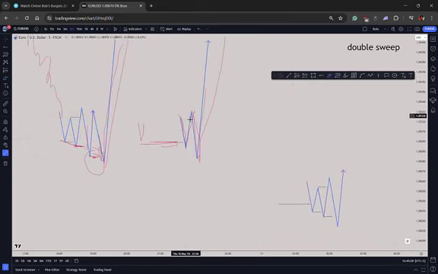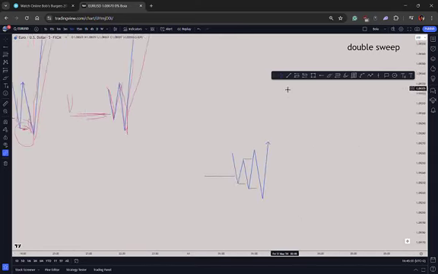While on contrary to this second way of double sweep, there are situations whereby we will have a liquidity point here, price sweeping it, giving the first reaction, sweeping the first reaction again for a second reaction, where we have a double sweep and should buy, but price breaks structure, making the inducement liquidity come to this low.